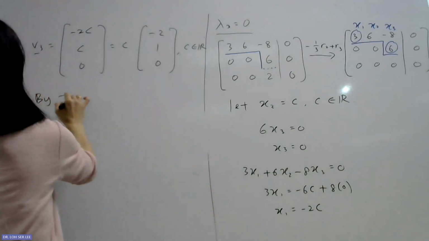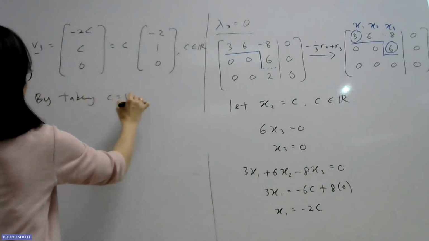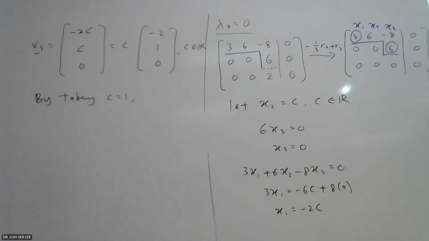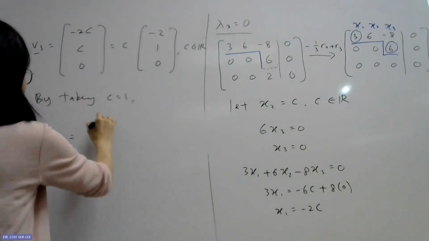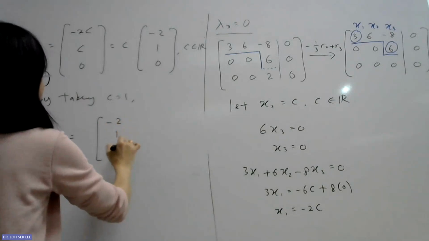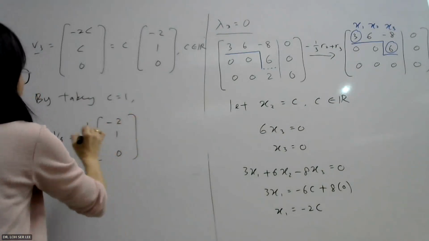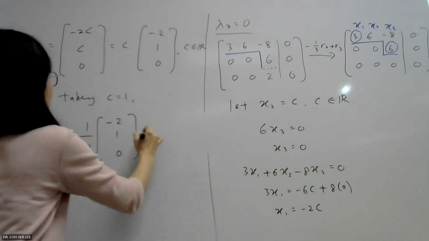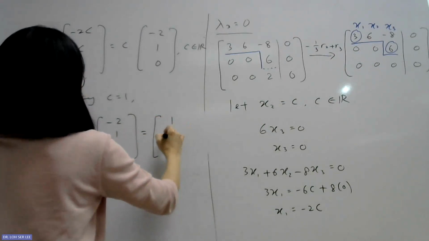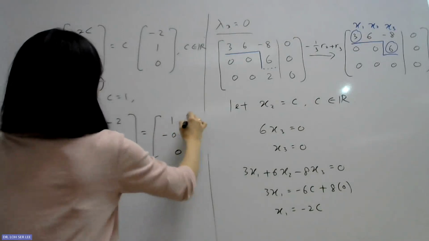Okay, so by taking C equals to 1, your V3 is negative 2, 1, 0. But we need to divide this by negative 2. Okay, that's 1, negative 0.5, 0.